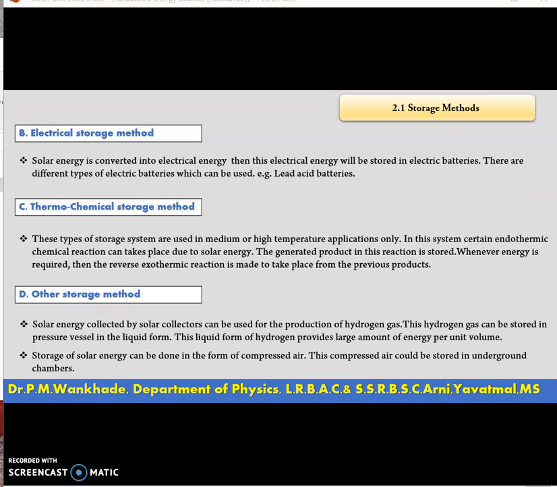Out of these, thermal storage method is again classified into two ways, that is sensible storage method and latent storage method. In sensible storage method, phase change material is not used. I will again repeat, phase change material is not used in sensible, whereas in latent storage method phase change material is used. So each one has different advantages and drawbacks.